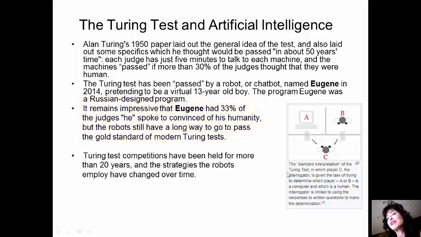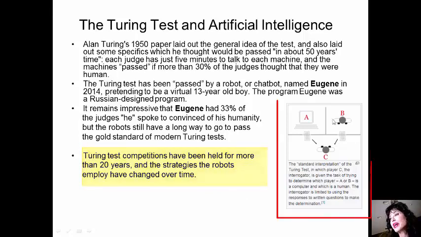So robots still have a long way to go to pass this gold standard of modern Turing tests. The Turing test competitions are still held, and they have been for more than 20 years, and the strategies that robots employ have changed over time. This diagram just shows you a judge who is judging both a computer and a human in different rooms.